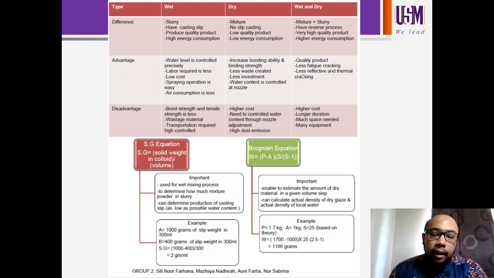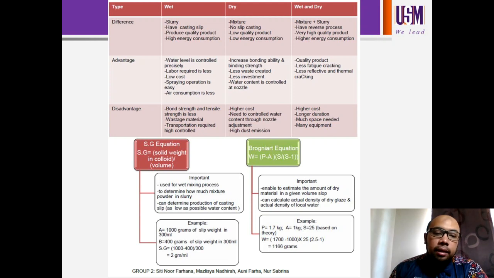And then for the dry-wet mixing method, normally it is a combination of the powder mixture and also the slurry. In this technique, normally you can do it like this. First, you perform the dry mixing first, and once you have performed it, you transfer it into another production process.